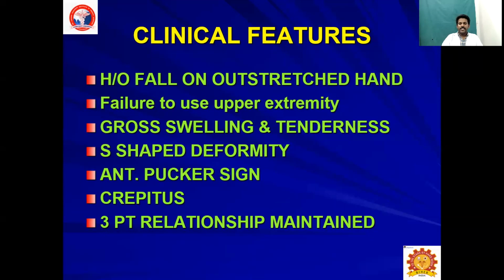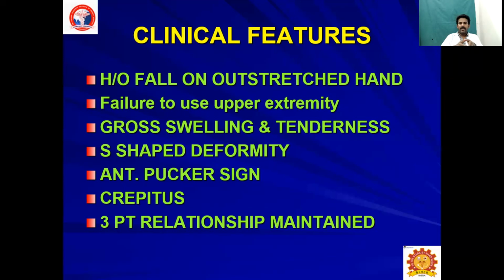Then the 3-point relationship is not maintained in an intra-articular fracture, but here, since a supracondylar fracture is an extra-articular fracture, the 3 points, that is the medial and lateral epicondyle of the humerus and the olecranon, form a triangle.